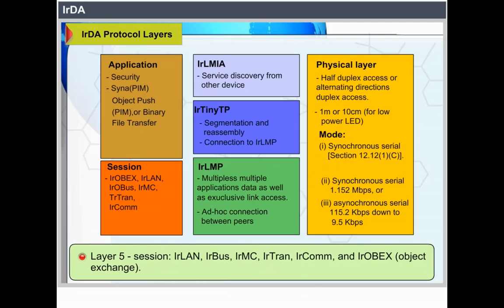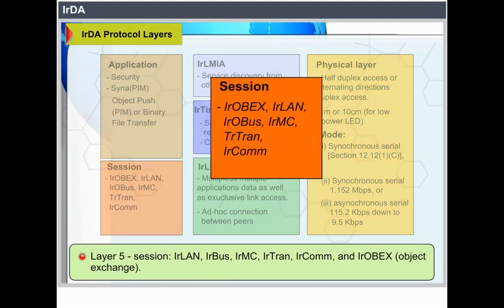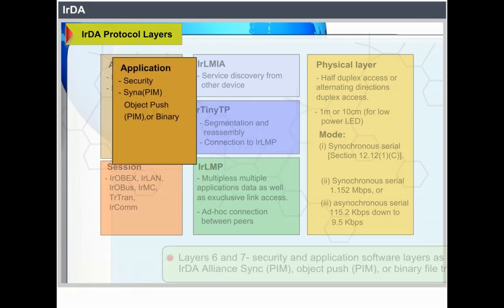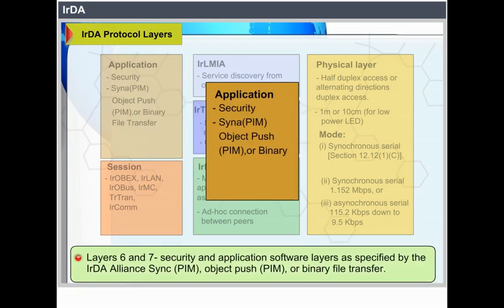Layer 5 Session: IR-LAN, IR-BUS, IR-MC, IR-TRAN, IR-COMM and IR-OBEX Object Exchange. Layer 6 and 7 Security and Application Software Layers as specified by the IrDA Alliance: Sync PIM, Object Push PIM or Binary File Transfer.